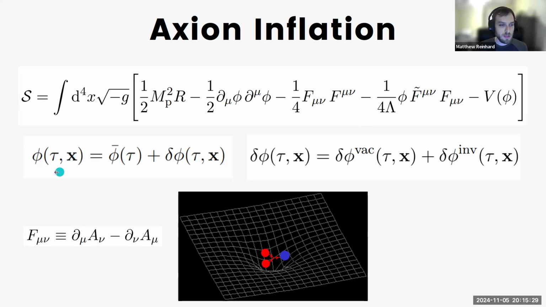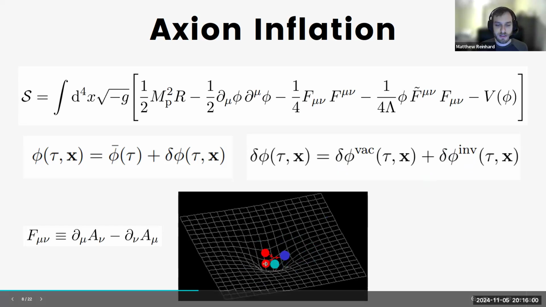So just like before, we can write our inflaton field as some background value plus small perturbations on that background value. And we can separate these small perturbations in the inflaton field into vacuum fluctuations and fluctuations due to an inverse decay process where two gauge quanta can combine to form inflaton field fluctuations.